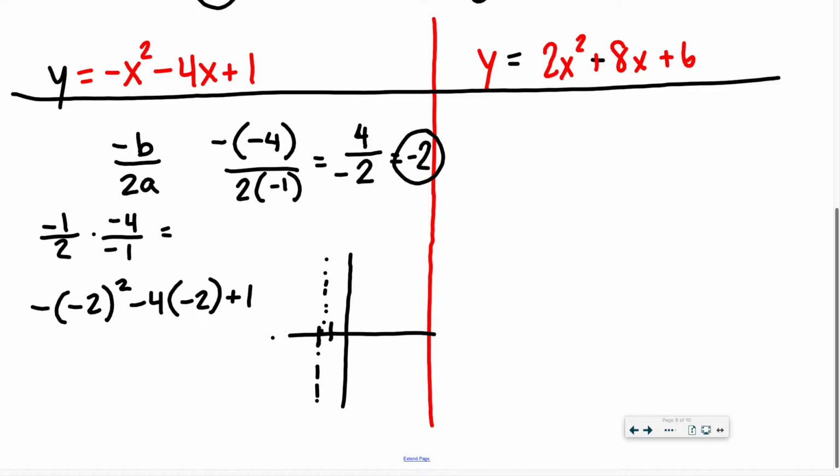So we have -4 plus 8 plus 1. What's that calculation? 5. Which means the coordinate for our vertex is where x is -2, y is 5.